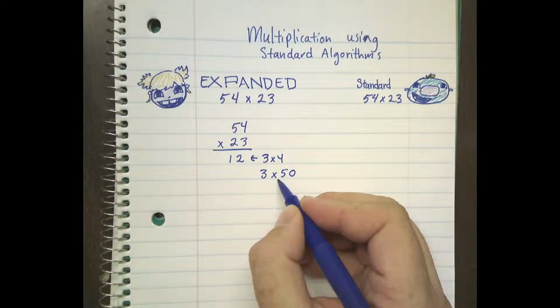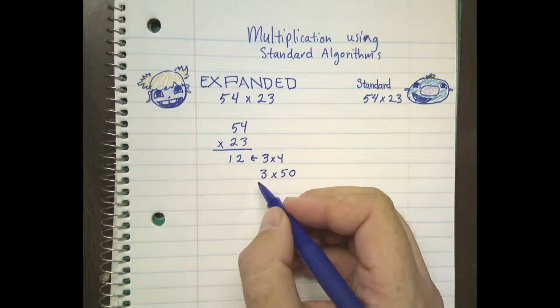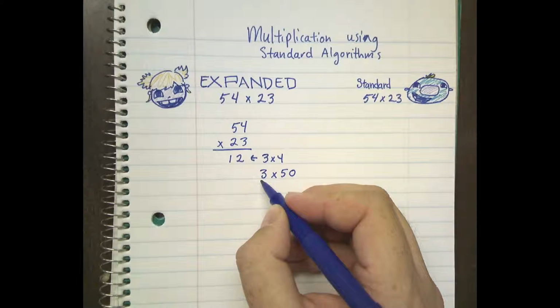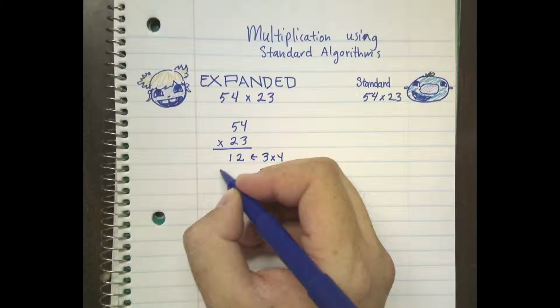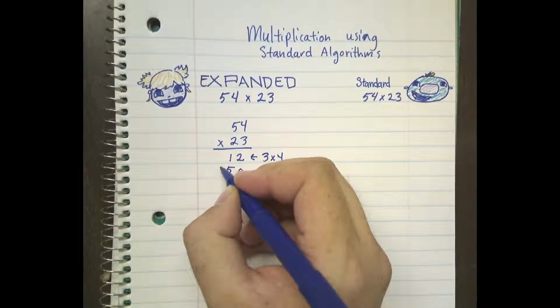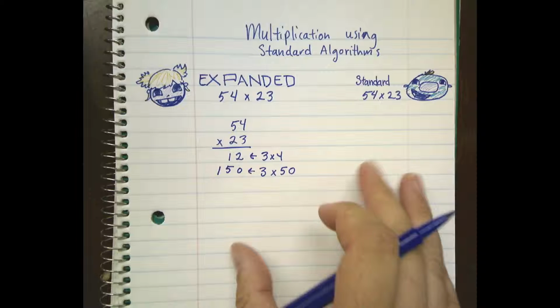Remember when we were talking about multiplying by tens? 3 times 5 is 15 plus a 0 on the end, so it's 150. That one goes right there.